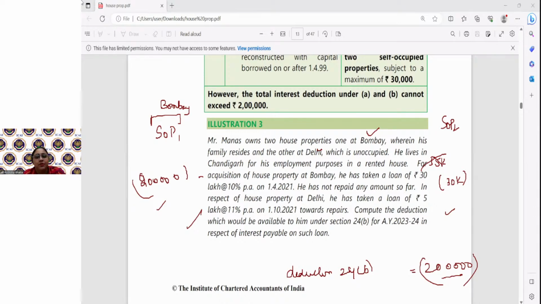Okay, now tell me where the doubt is or whether it is clear or not. आपको डिवाइड नहीं करना, it would be restricted to 2 lakhs.